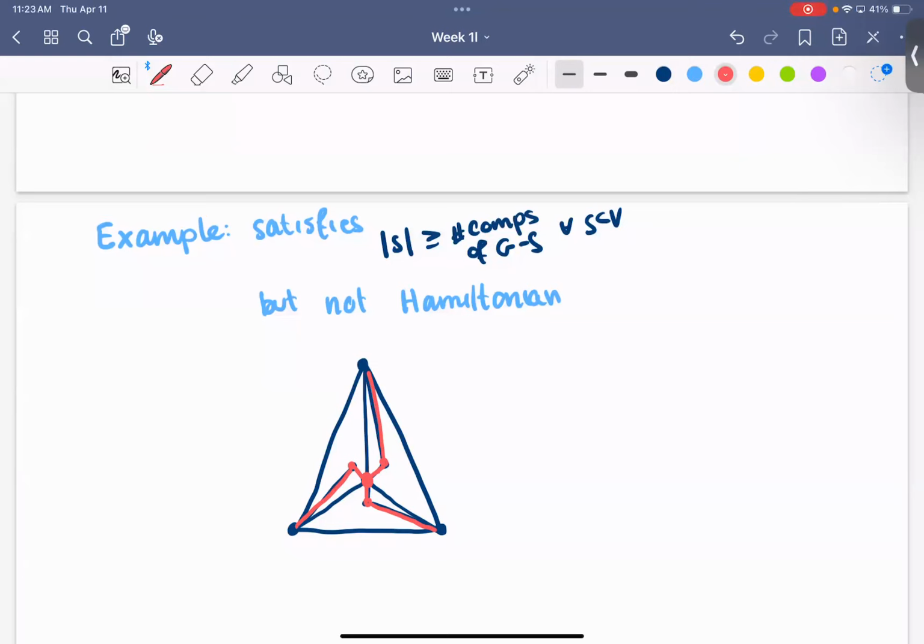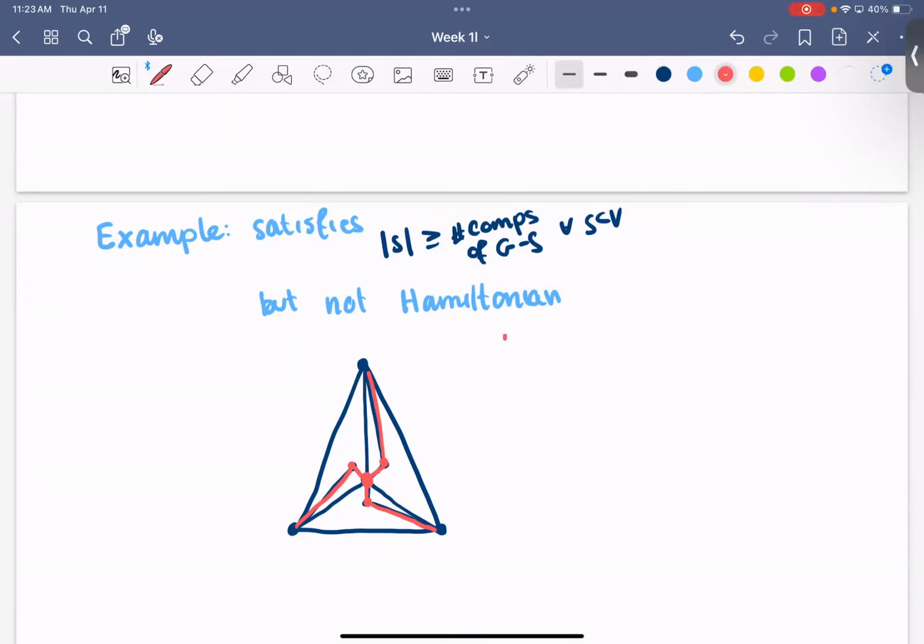And presumably there's only 7 vertices here, so you only have to check 2 to the 7th things to see if this is true. But it's symmetric, so it's even less than that. But presumably you could also check this condition.